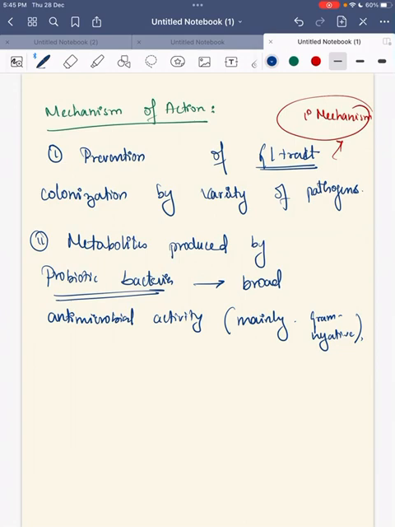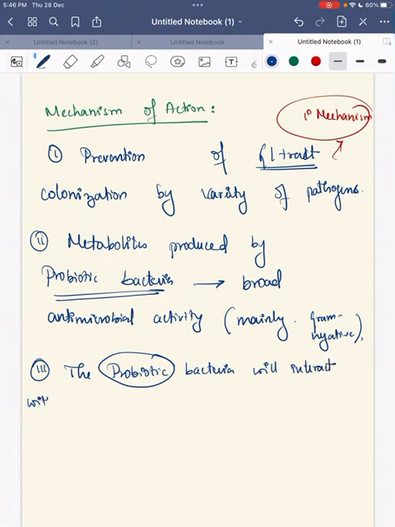Third, this probiotic bacteria will interact with the prebiotic material in the diet and produce an environment that will suppress the growth of the pathogens and minimize the inflammation. In neonatology, the main prebiotic material in neonates comes from the mother's own milk.